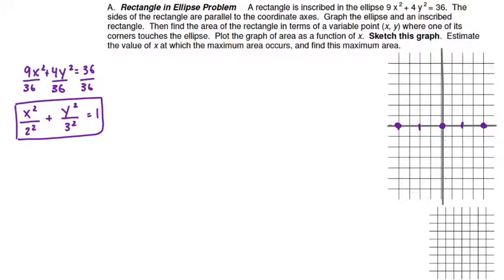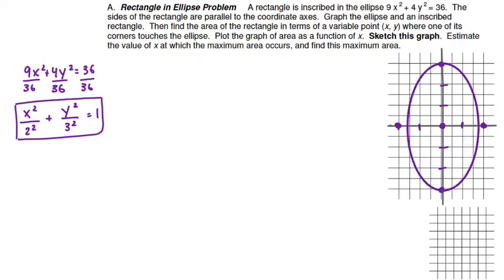And then we're going to go up and down 3 units, because 3 is under the y value. So along the y-axis, we move up and down 3 from the center, and along the x-axis, we move left and right 2 because of our equation and the information that we were given there. Okay, sketch the ellipse.